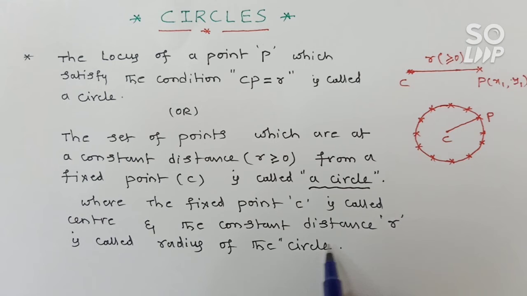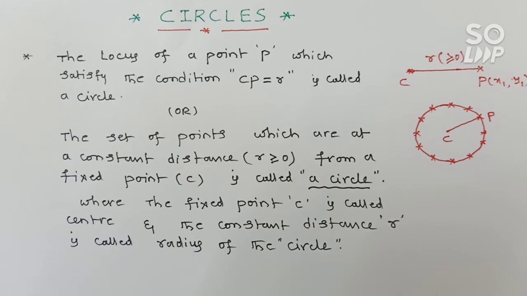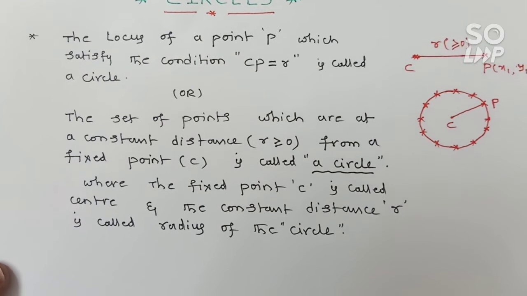So this is the meaning of the fixed point and the constant distance. So from the definition, everybody will already have some idea about the locus concept.